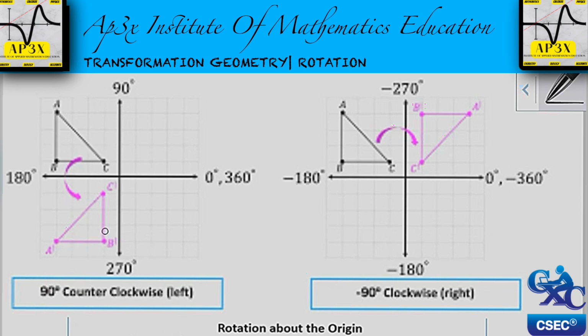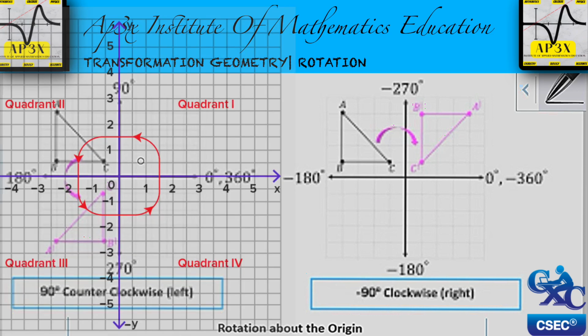That is rotating to the left. In diagram 2, you'll realize that the same object ABC has been rotated to the right, that is the clockwise direction, 90 degrees. And so you can see that the object is jumping from quadrant to quadrant, because each quadrant on the Cartesian coordinate system measures 90 degrees.